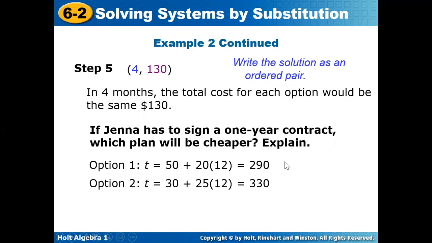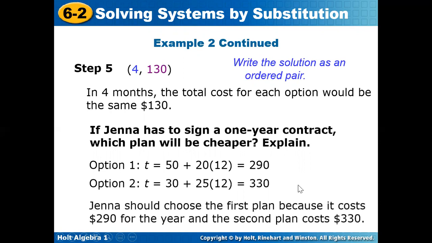So once again, algebra has shown you that the first plan is better. And that is solving systems of equations by substitution, or solving systems of equations via algebra.